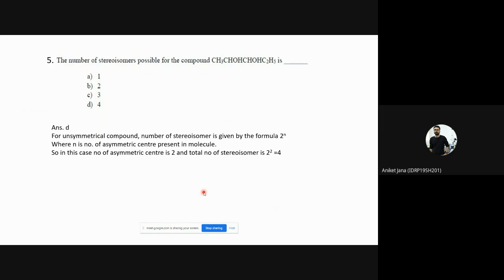Here, as we can see, there are two asymmetric centers in the molecule. So the total number is 2 to the power 2, equals 4. So overall 4 stereoisomers are possible for this formula.